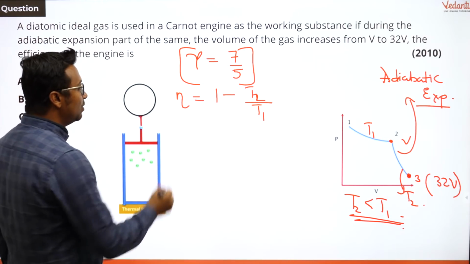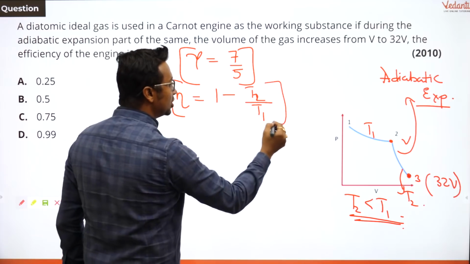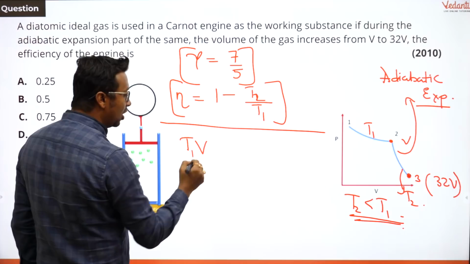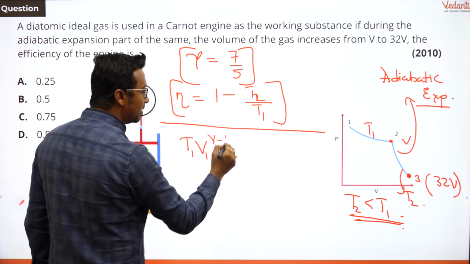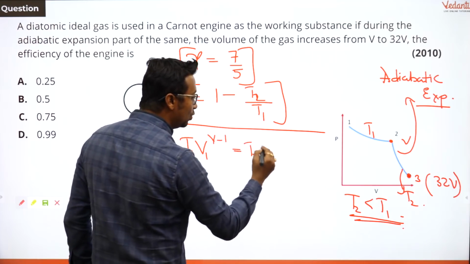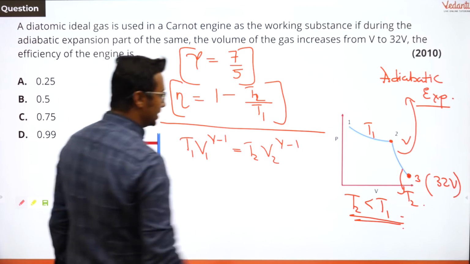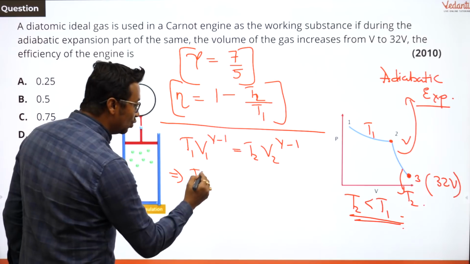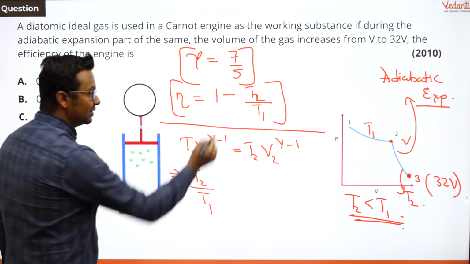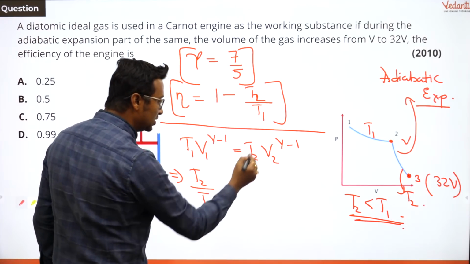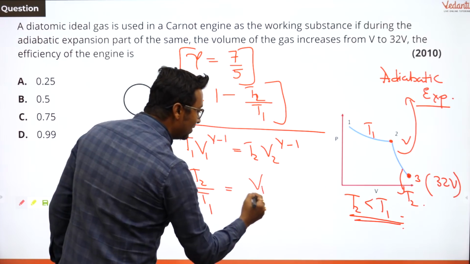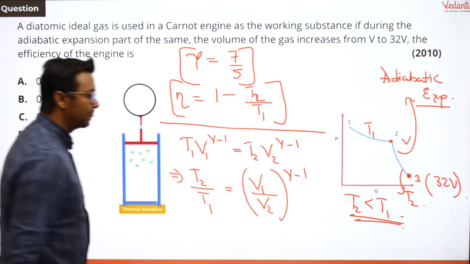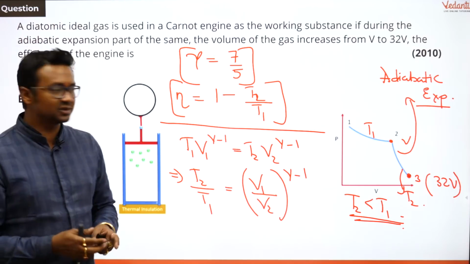Now if it is an adiabatic process, my dear students, then I know T1 V1 to the power gamma minus 1 will be equal to T2 V2 to the power gamma minus 1, which tells me that T2 by T1 will be equal to (V1 by V2) to the power gamma minus 1. Very simple idea. It's an adiabatic process.